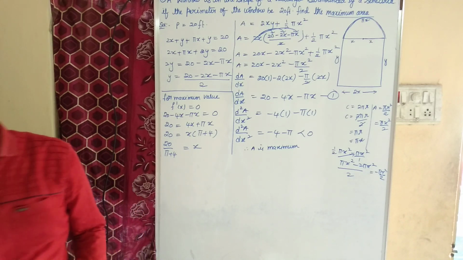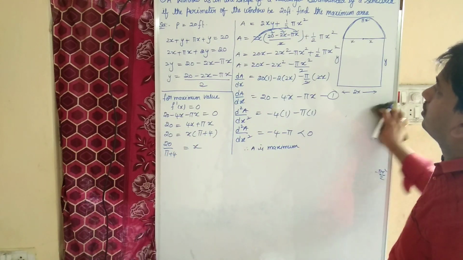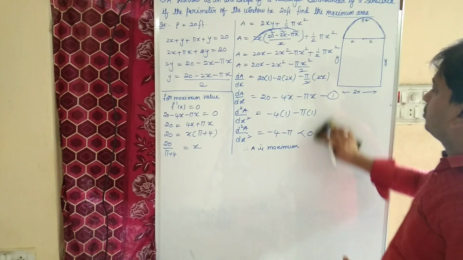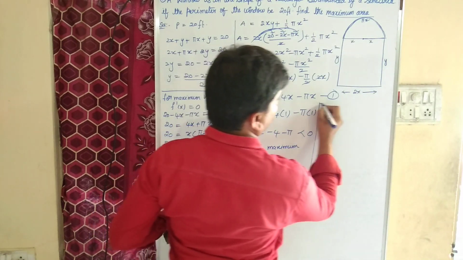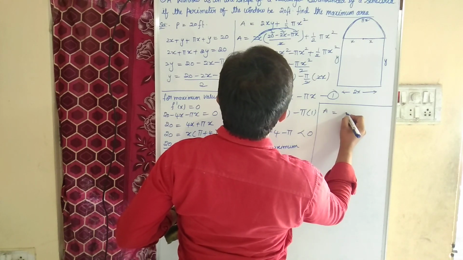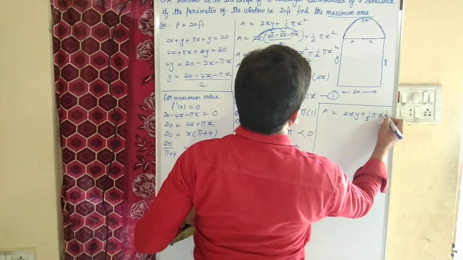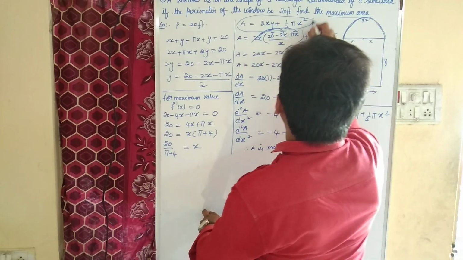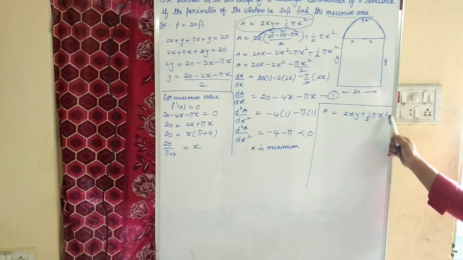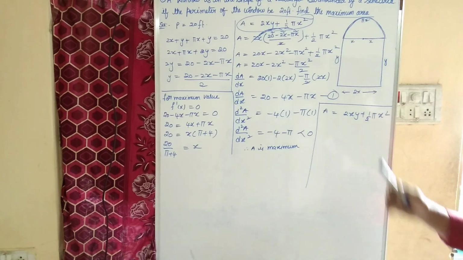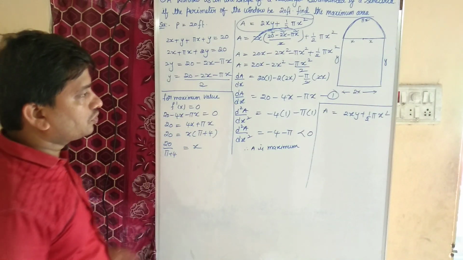So for the maximum area, we know that area equals 2xy plus 1 by 2 into pi x square. This is our area. Now let us substitute the values.